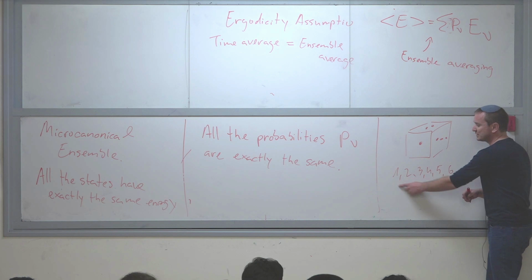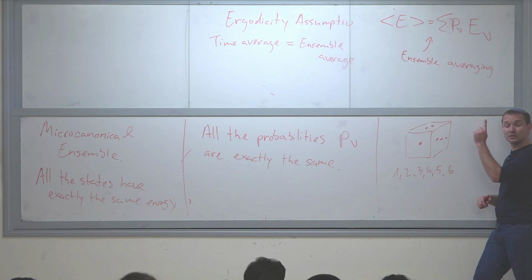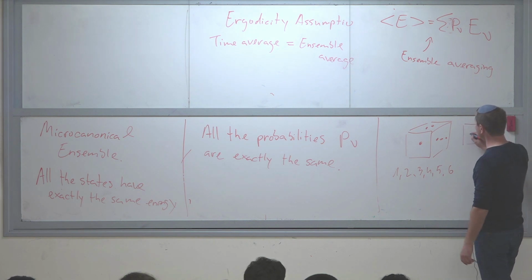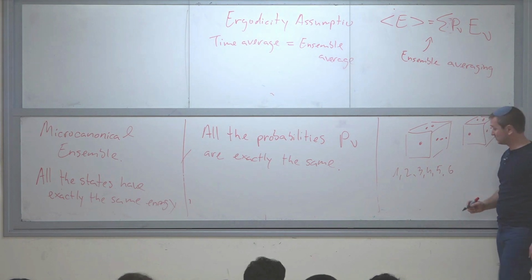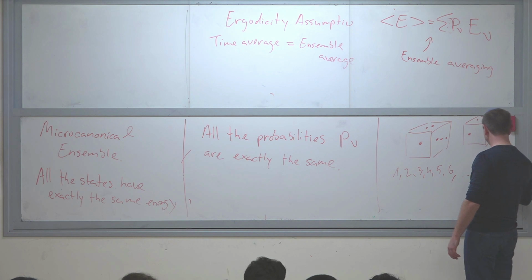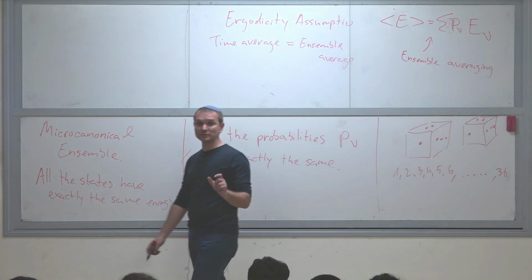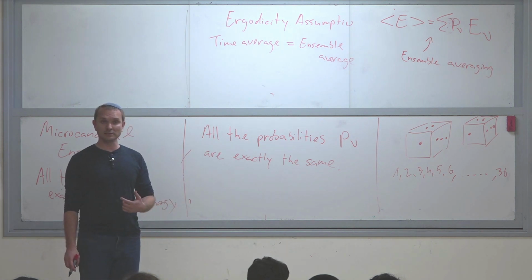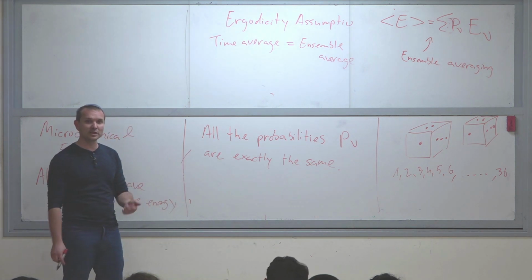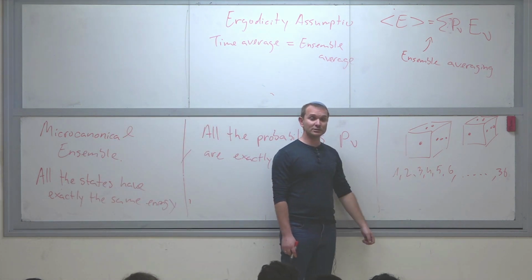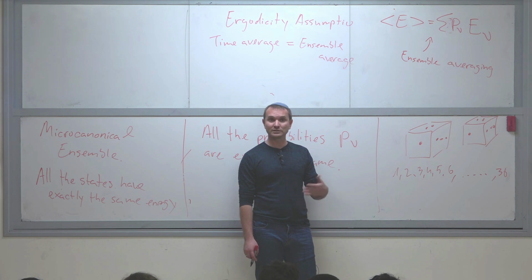The number of states of a system of a single dice is 6 states. If I have 2 dice and I roll them together, how many different states will I have now? 36 states. So the number of states of a system is not extensive, but it grows in a multiplicative manner. If I have 3 dice, it is 6 to the power 3, and so on.